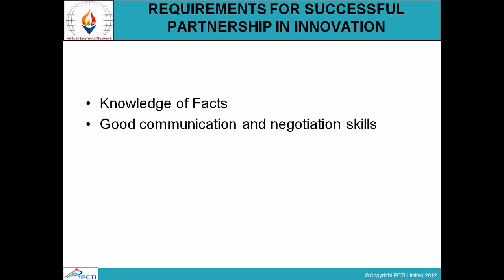These are the two important skills which help to materialize any sort of partnership. I am repeating, that is good communication skills and negotiation skills.